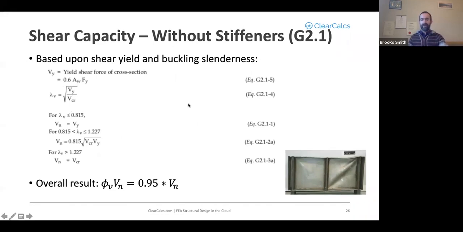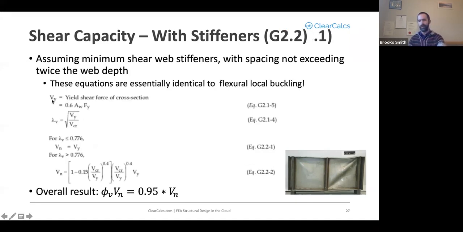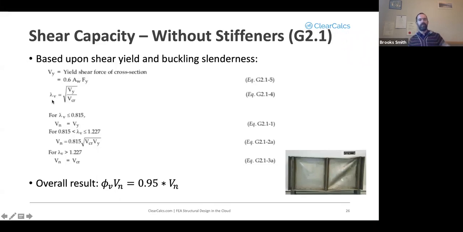So once you have that critical buckling capacity, you will split out into different calculations depending on whether you have stiffeners or not. So without stiffeners, you first calculate the shear yield force equal to 0.6 times AW times Fy, and calculate a slenderness coefficient for the shear buckling as well.